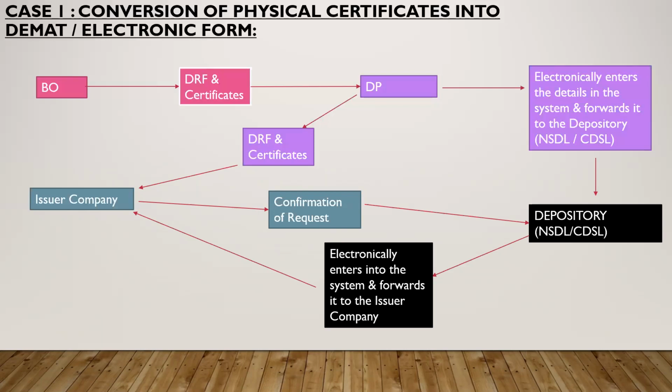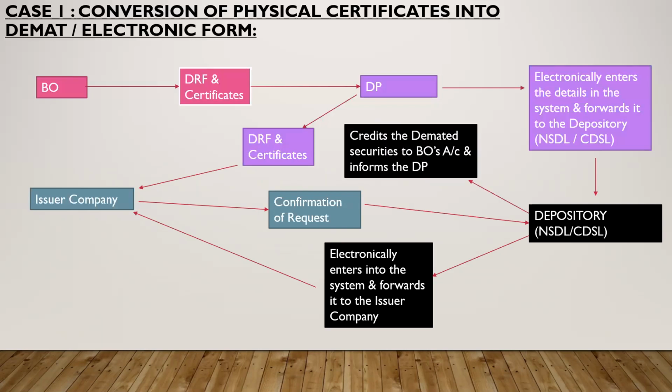Once the depository receives the green signal from the issuer company, then what he will do is he will credit the dematted securities to the BO's account and inform the DP. So basically BO ने क्या किया? He has converted all the physical certificates into electronic form, है ना? तो अब उसके पास कुछ नहीं है, उसने सब इलेक्ट्रॉनिक फॉर्म में कन्वर्ट किया.